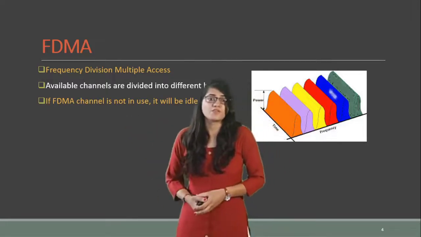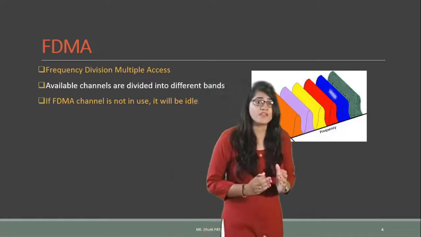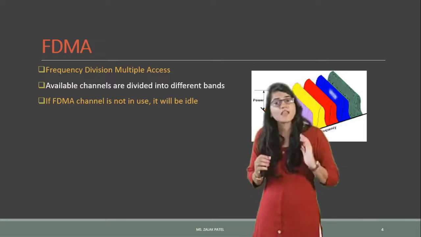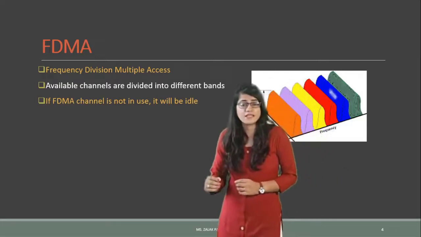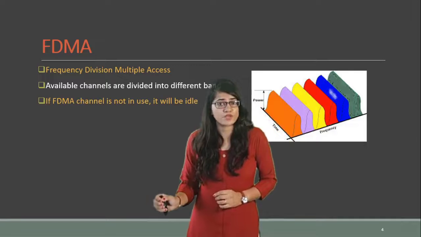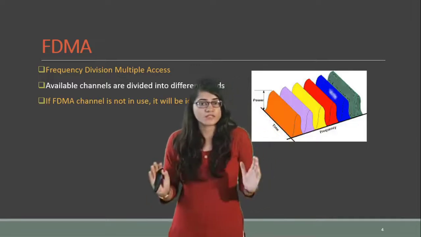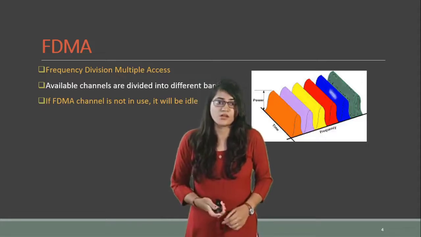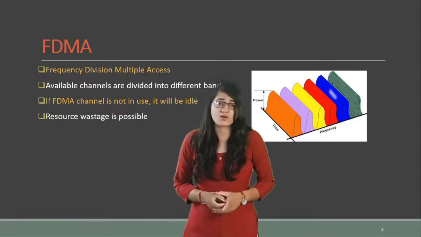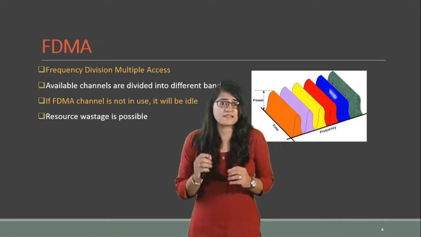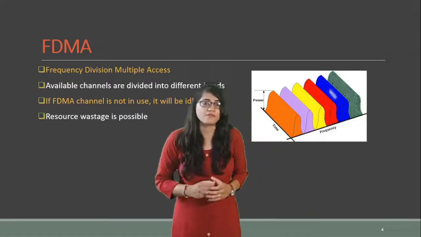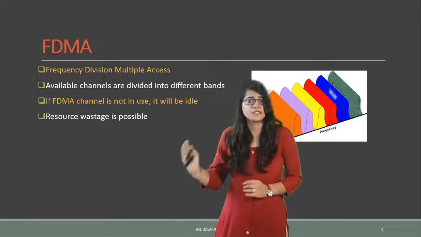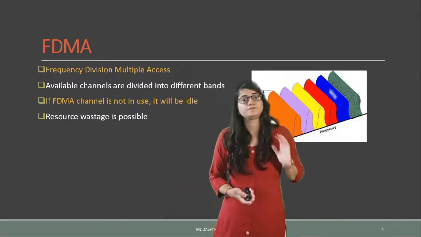If the FDMA channel is not in use, then it will be idle, meaning it cannot be used by any other available user. Resources are completely wasted, as that particular channel cannot be used by another user. So we can say that resource wastage is possible, and that is the biggest limitation of FDMA: even if the channel is free at a time, the other user cannot use it.